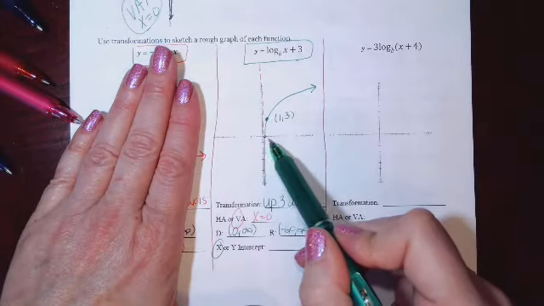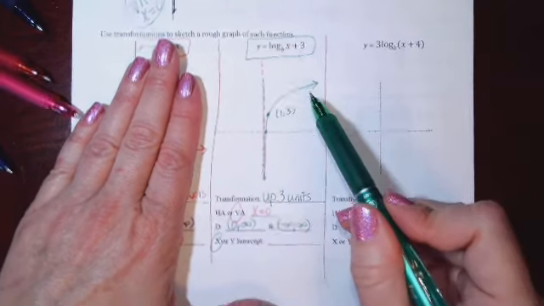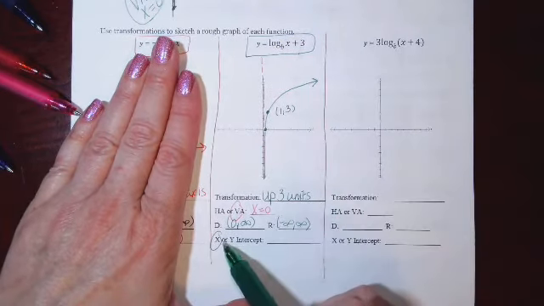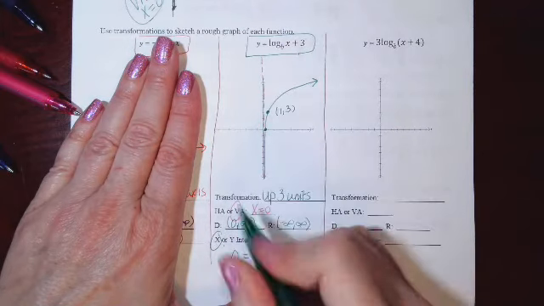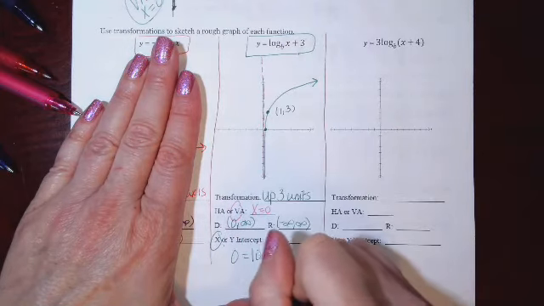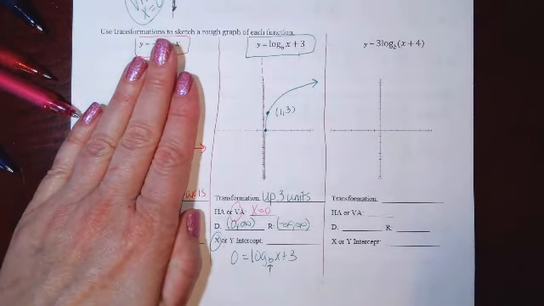And I know that my x-intercept is going to be between 0 and 1 because of the shape of my log function. To find an x-intercept, I set y equal to 0. So right here, I would have 0 equals log base b of x plus 3. I can't calculate this because I've got a base of b.